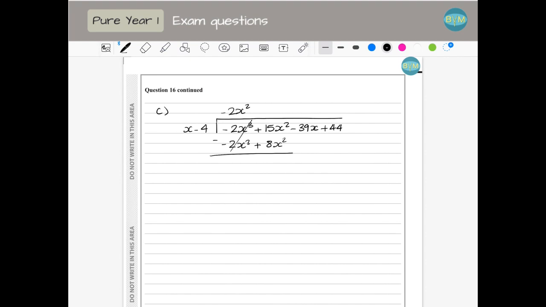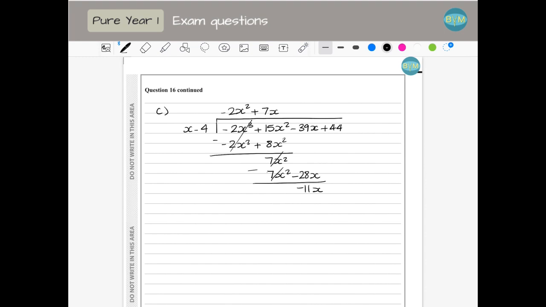These two are gone, and then I have 7x squared. I divide again, so 7x squared divided by x is plus 7x. I multiply this by this and by minus 4, so I have 7x squared minus 28x, and I subtract. These two are gone, and minus 39 minus minus 28 is minus 11, minus 11x.